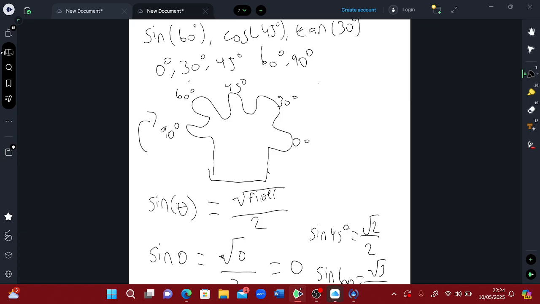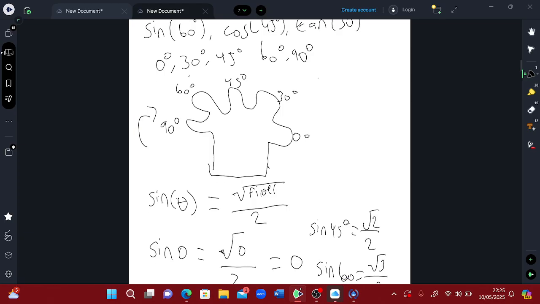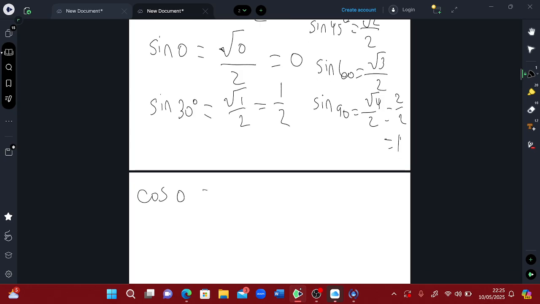So if you want cos 0, it's the exact same formula, but obviously the finger positions flip. So if you want cos 0, we start here now. Again, we've moved 1, 2, 3, 4 fingers. So cos 0 is going to be root 4 over 2, which we've seen goes down to 1.